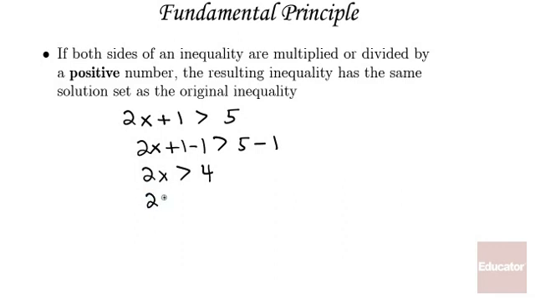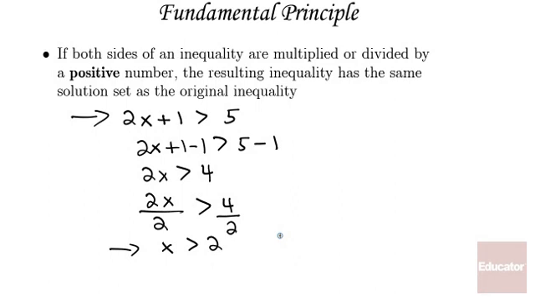I can divide both sides by the same number. So I can divide both sides by 2 and end up with x is greater than 2. So I'm allowed to do that, and this right here will have the same solution set as the original inequality. So I divided both sides by a positive number, and that is allowable. I could also multiply both sides of an inequality by the same positive number.